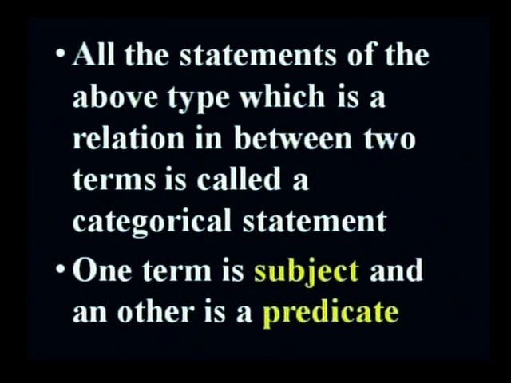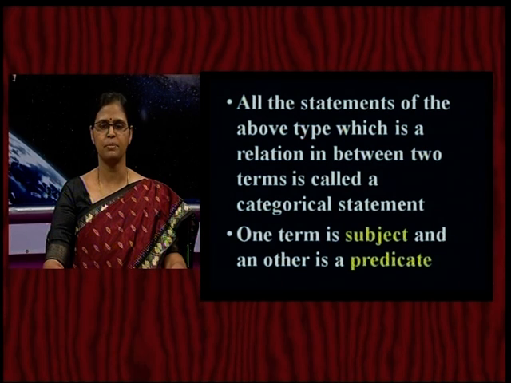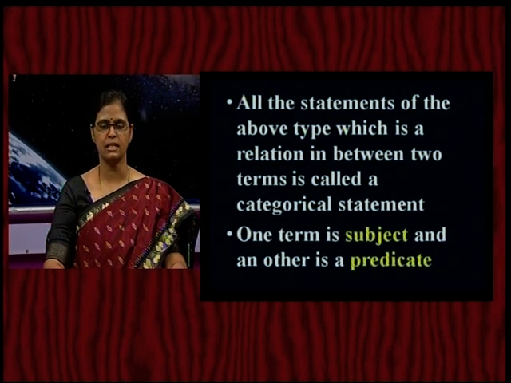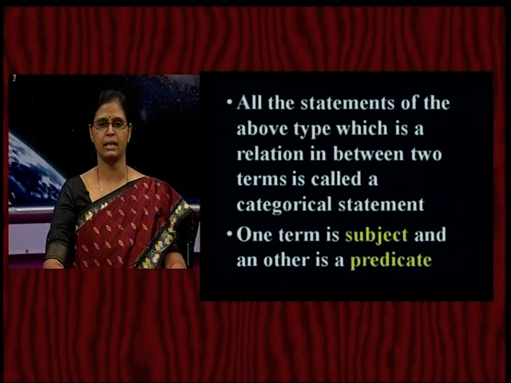So, you have two terms, one called the subject and the other called the predicate. This is the terminology we will be using: in a categorical statement, we are discussing the relationship between two terms, one called the subject and the other called the predicate.